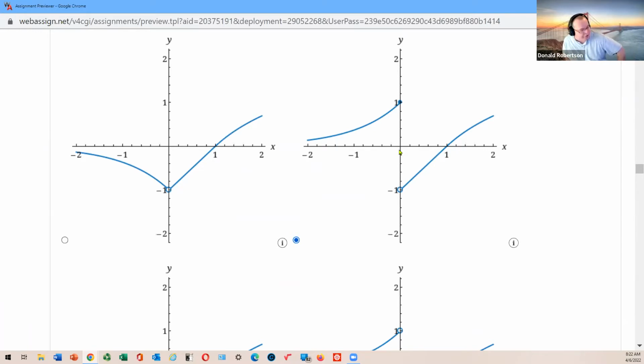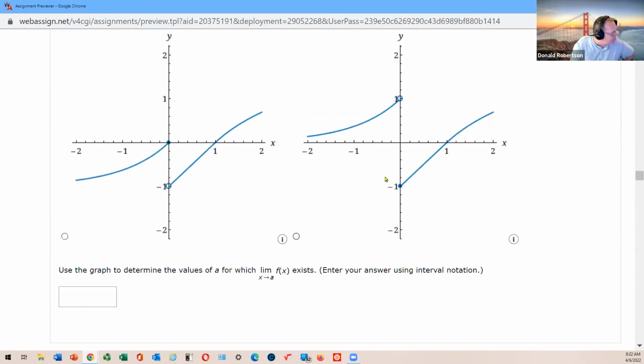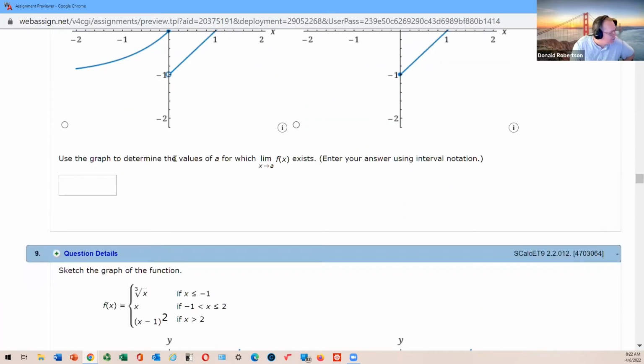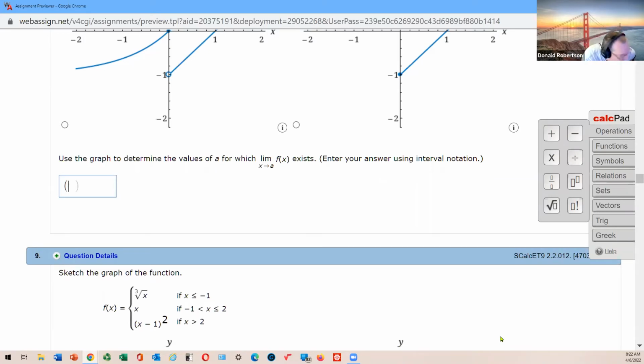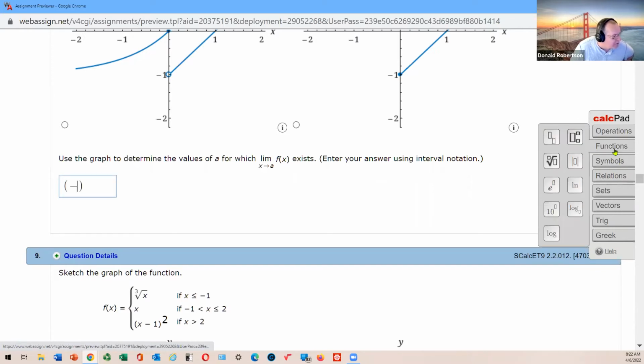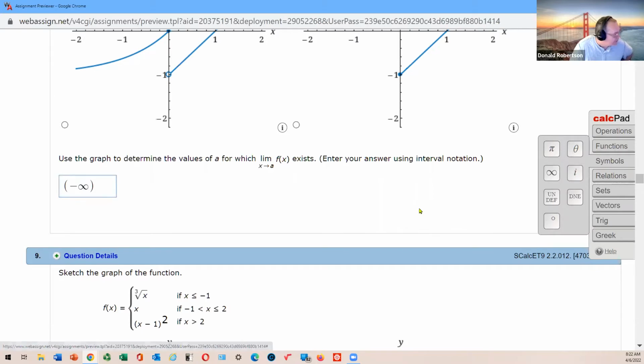So what you would need to do here, to answer this question, is give me all the values of A where that would be true. So let's show you what that would look like. I would do a bracket, and I would say negative infinity up to 0.